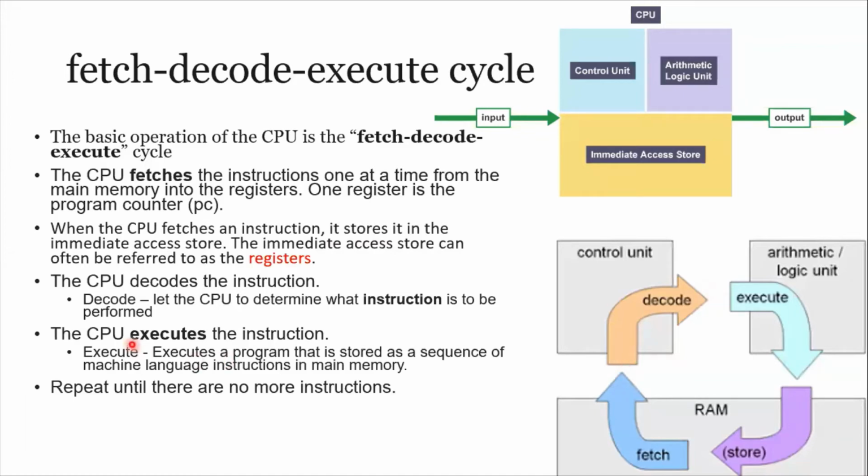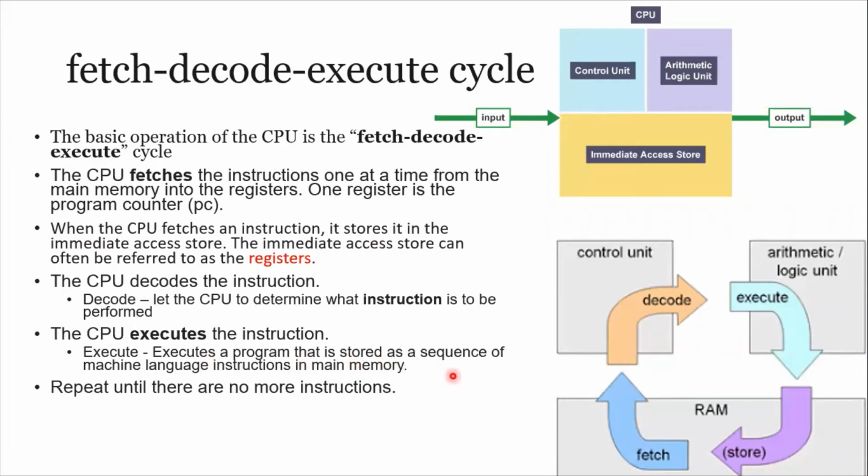And execution executes a program that's stored as a sequence of machine language instructions in the main memory. Now it has decoded and realized this is the order that it has to process. Now it is processing the data. It executes the data.